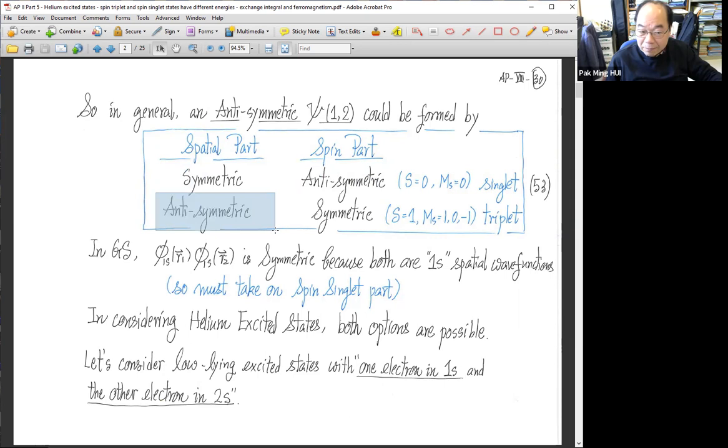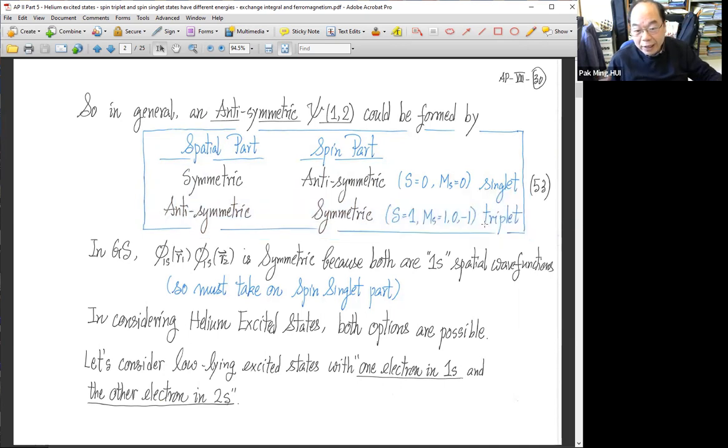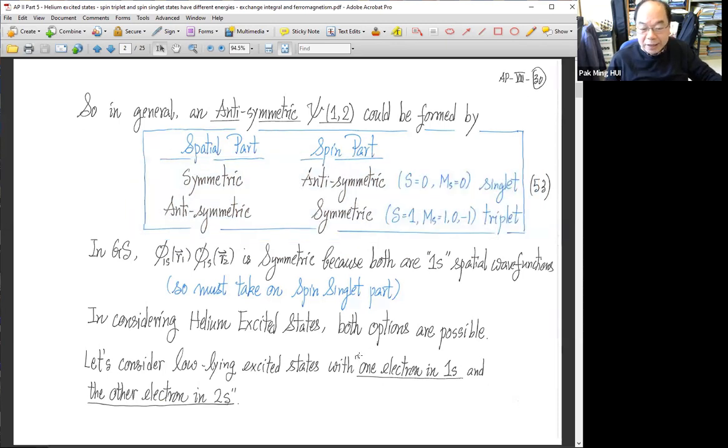How about an anti-symmetric space part and a symmetric spin part? That will be a spin triplet state. If we have this case, the total wave function is still okay. It is anti-symmetric. And in considering the excited state, we have to consider both possibilities. Both are possible. So let's see why both are possible.